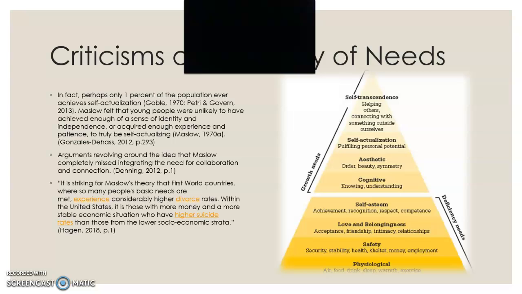That is very alarming to me, and I don't really have a good rebuttal for that other than that possibly people experiencing that are staying in the deficient needs and not striving to meet those growth needs, that there's just not motivation or ambition or want to grow.